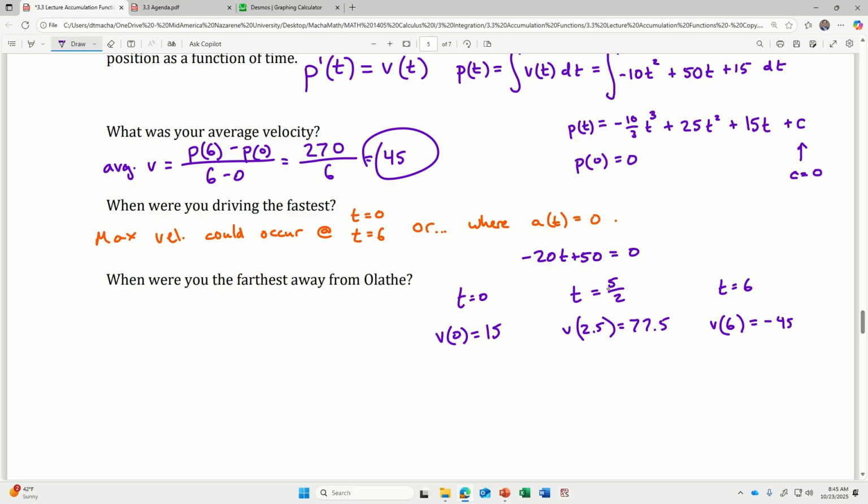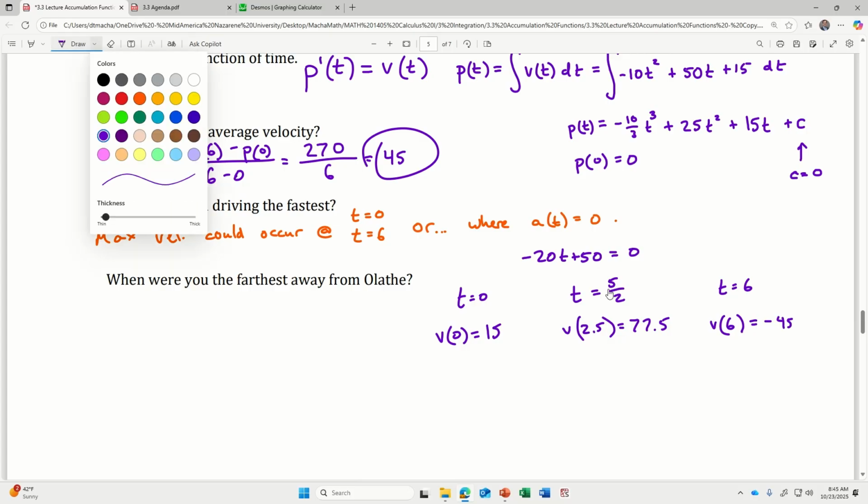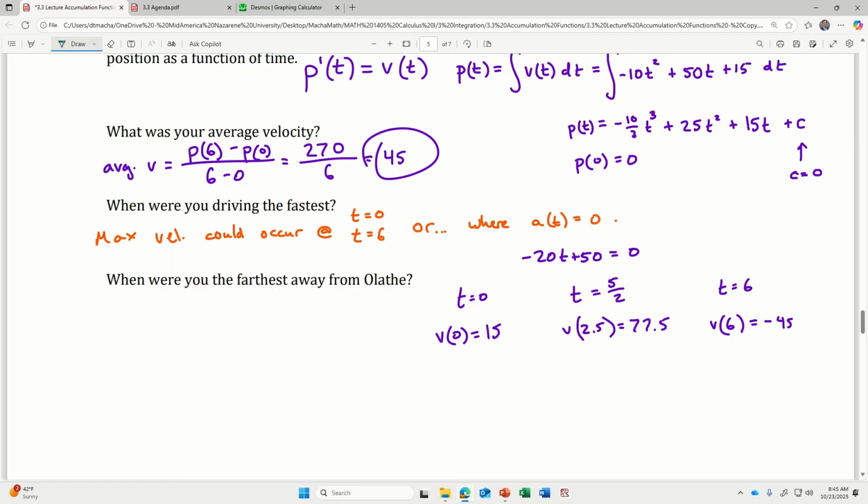So when was I driving the fastest? Well, I checked my start point, checked my end point, I checked the stationary points. And it looks like the fastest we were driving was at 2.5 hours when we were driving 77.5 miles per hour.